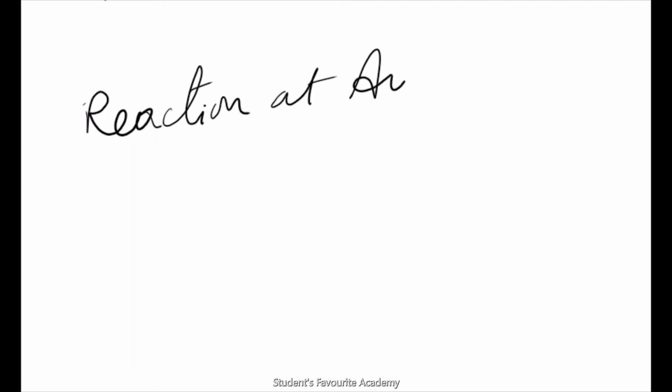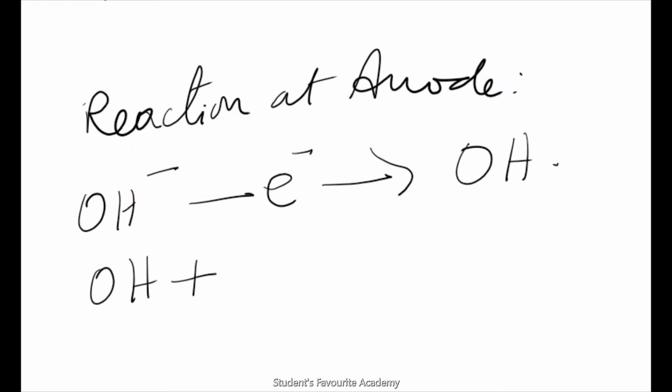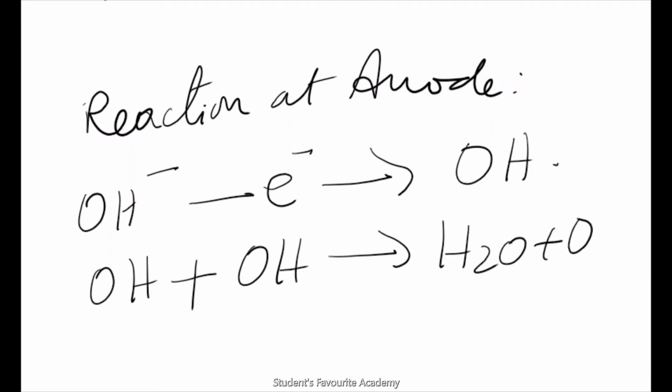Then the reaction at the anode: OH minus will lose one electron and form OH, and 2OH radicals will combine forming water and oxygen.